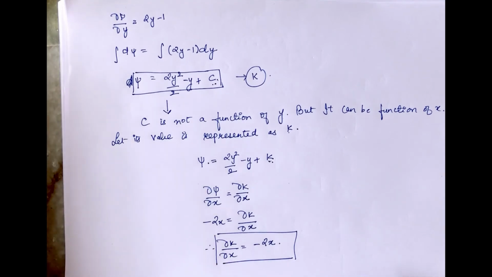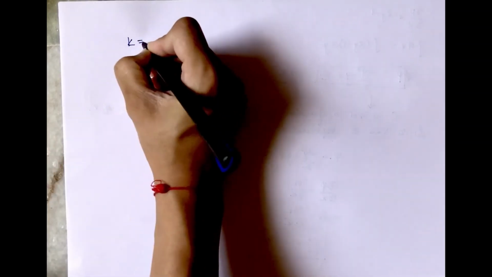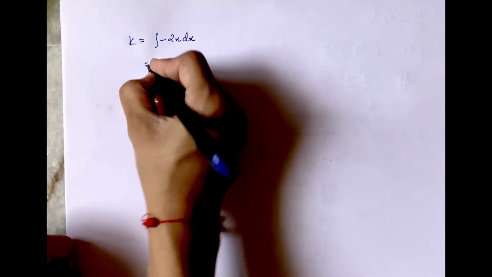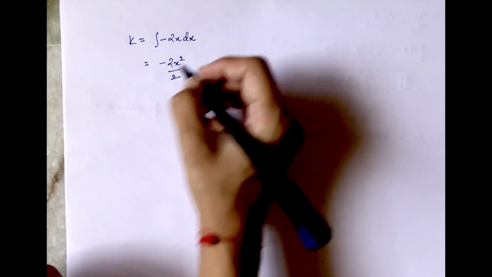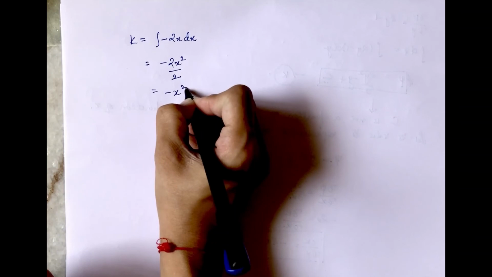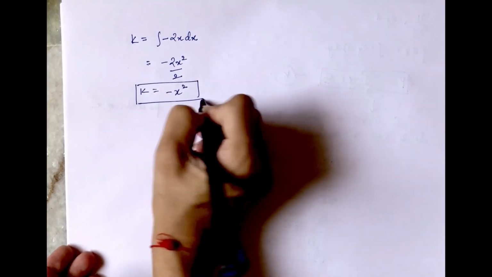Integrating the above equation again, what will we get? I am writing here. Integrating the above equation, we get k is equal to the integration of minus 2x dx. So it will be equal to minus 2x square by 2, that will be equal to minus x square. So the value of k is equal to minus x square.